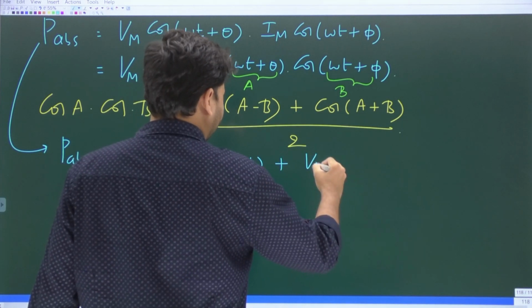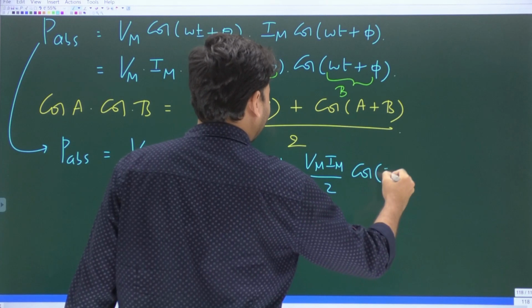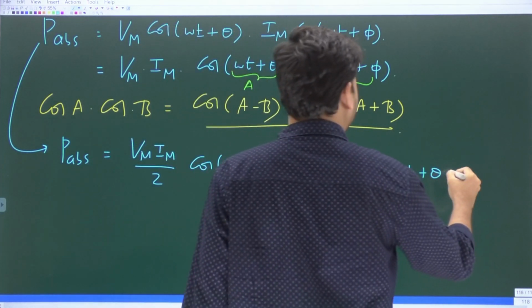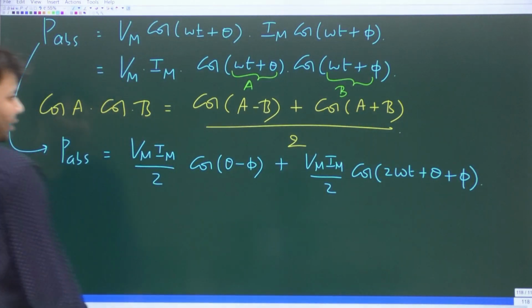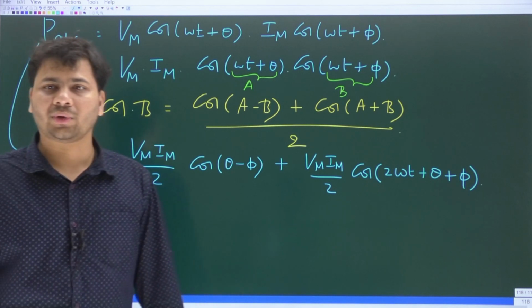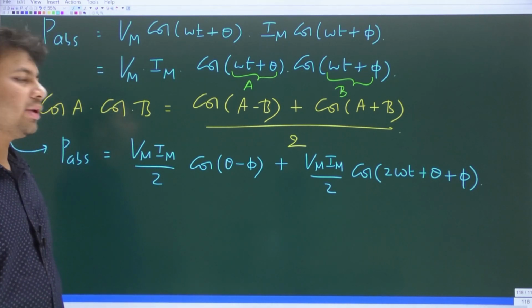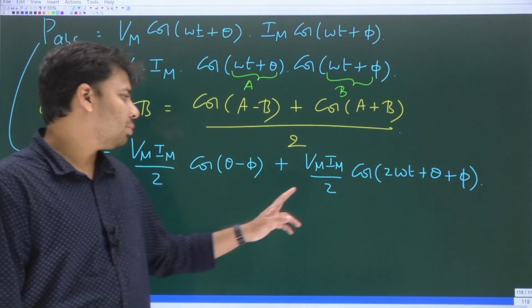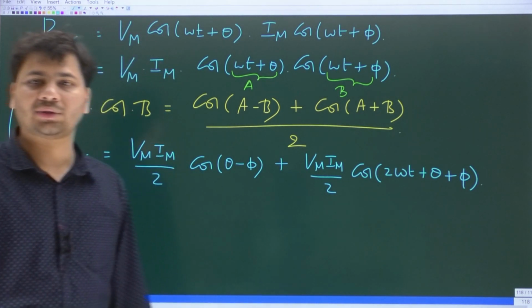So the second term is Vm Im by 2 times cos of 2 omega t plus theta plus phi. That's all. This is the final expression for the power absorbed by the two-terminal element: Vm Im by 2 times cos of theta minus phi plus Vm Im by 2 times cos of 2 omega t plus theta plus phi.